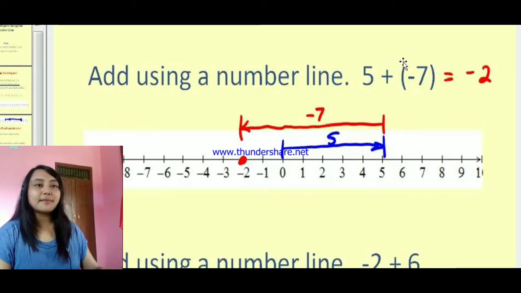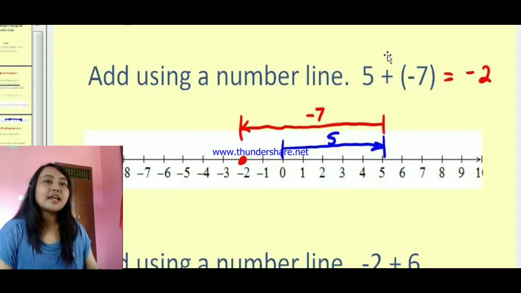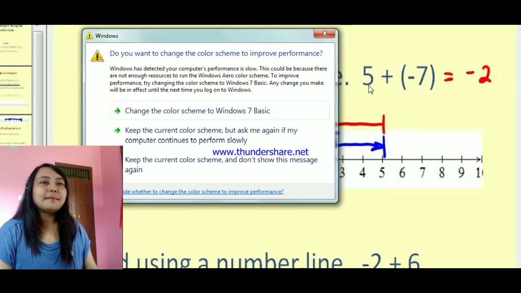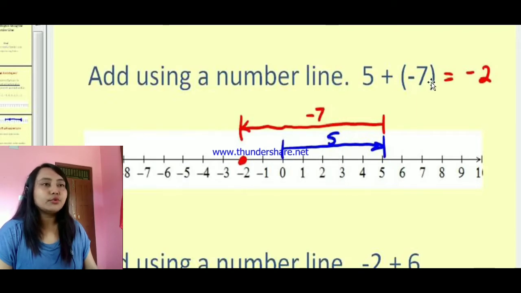One number has a positive sign and another number has a negative sign. From the calculation 5 plus bracket minus 7, plus into minus becomes minus. So 5 minus 7 becomes minus 2. We know this from the calculation. But how to represent it in a number line?